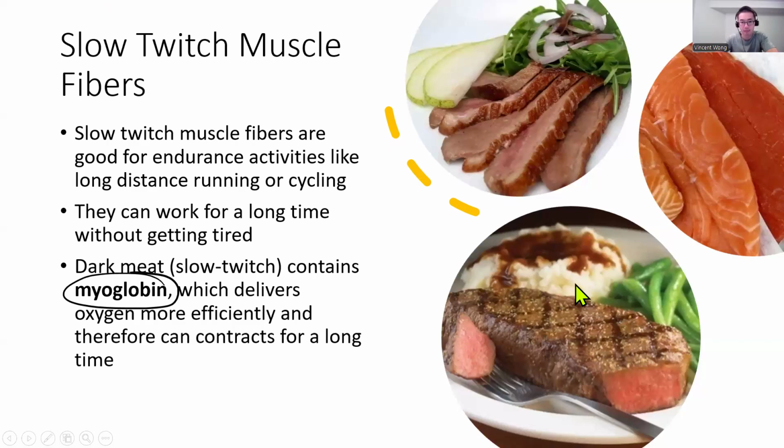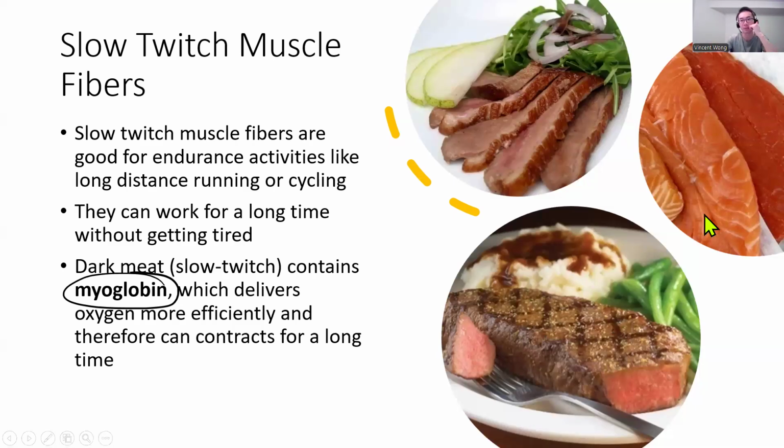So when we eat red meat, dark meat, and white meat, that's what we're talking about. When we eat dark meat, we are eating muscles that have a high percentage of slow twitch fibers. If you think about it, like a cow, I've never really seen a cow run. They just stand there and graze all day, so their muscles are mostly not for explosive actions, right?